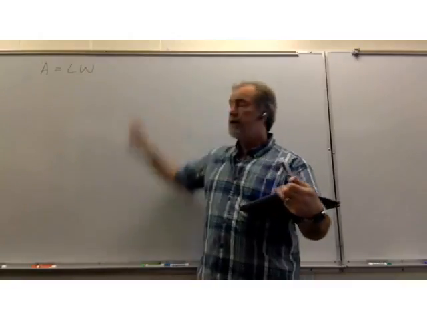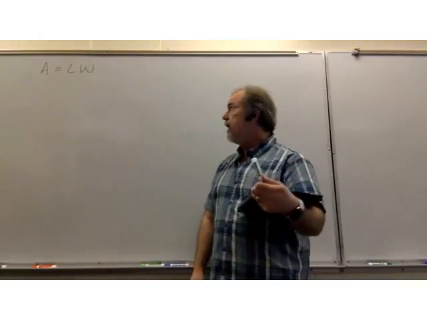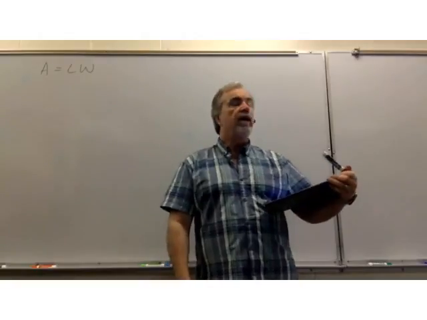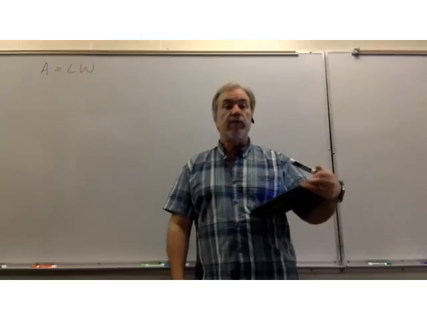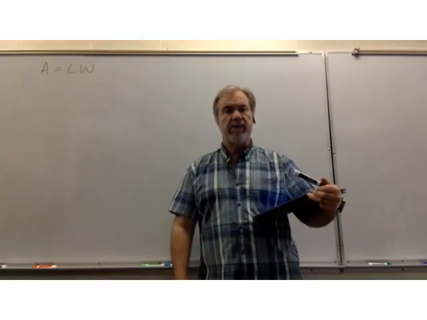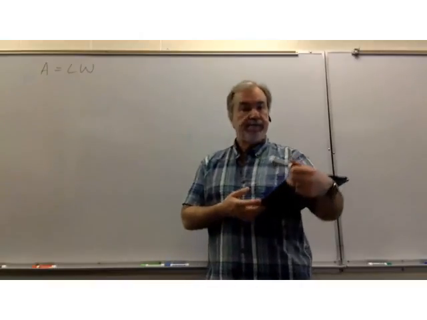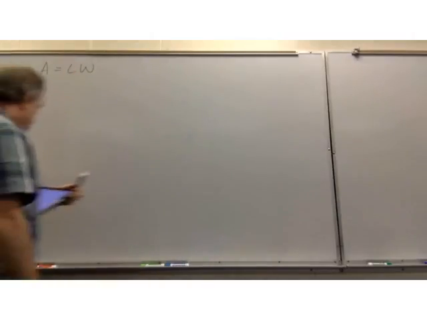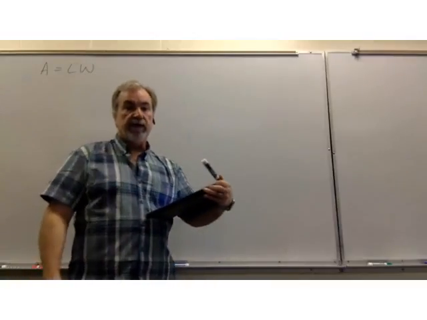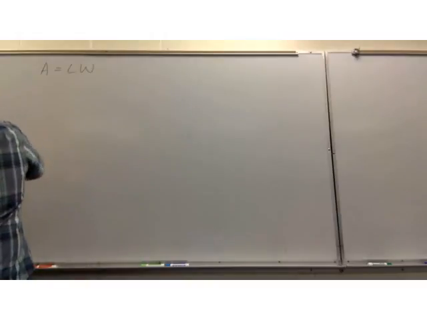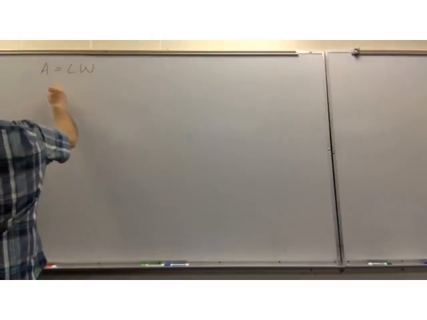So I probably should be writing A sub F is equal to L sub F times W sub F, for final values and then the initial values. The equation is going to be cluttered enough as it is, so I will use subscript 0 to indicate initial values of the variables, but I'll leave out the subscript F just to keep the equations from looking too horrible. So without the subscript, then these are intended to be final values, unless of course I put a delta in front of it.